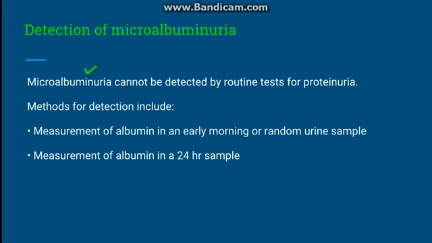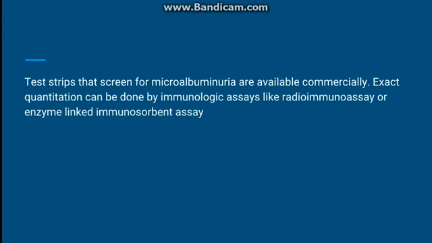So we can take either an early morning sample, or we can take a 24-hour sample for detection of microalbuminuria. And for that, mostly test strips that detect microalbuminuria are nowadays available, or we can go for radioimmunoassay or ELISA, which are specific so that they will diagnose only the albumin part.